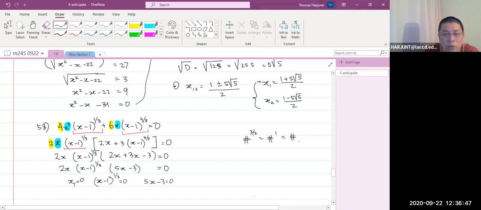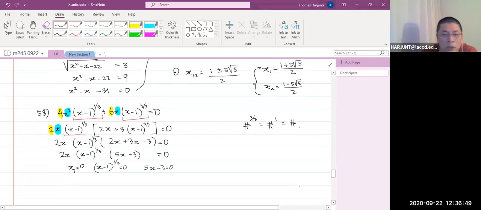Now x equals 0 is done. For the power of 1/3, take it to the power of 3 to cancel the 1/3. So x2 equals 1. And this one here, x3 equals 3/5.